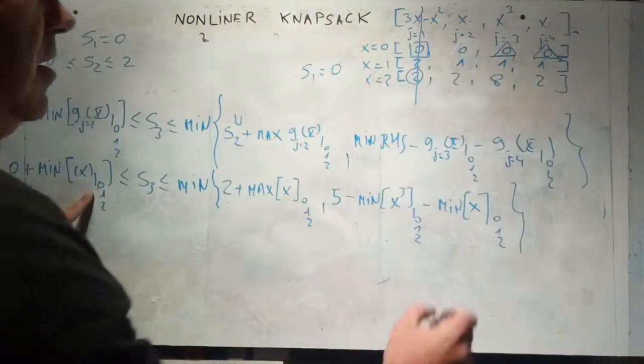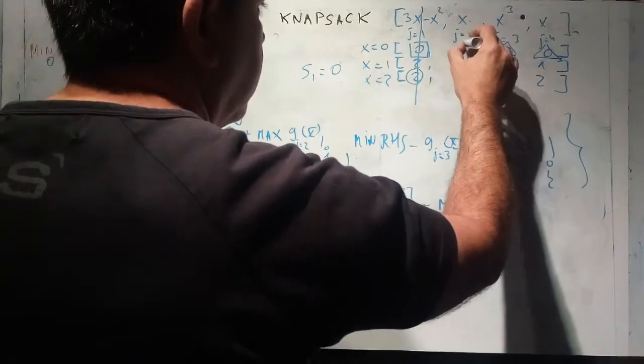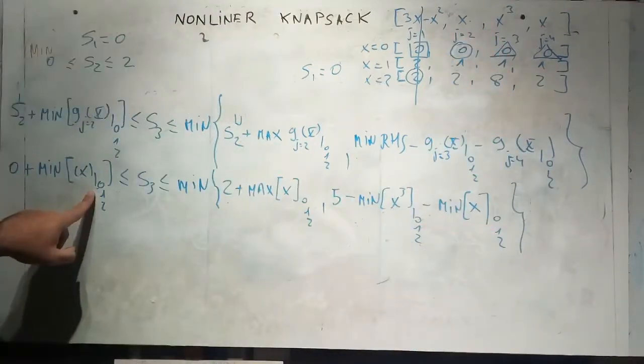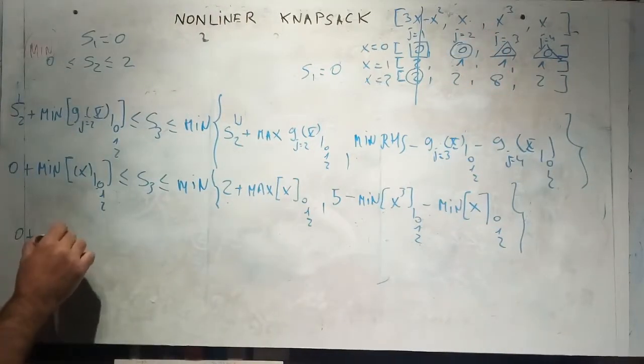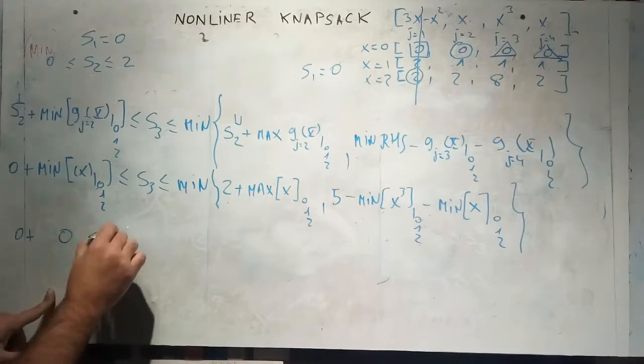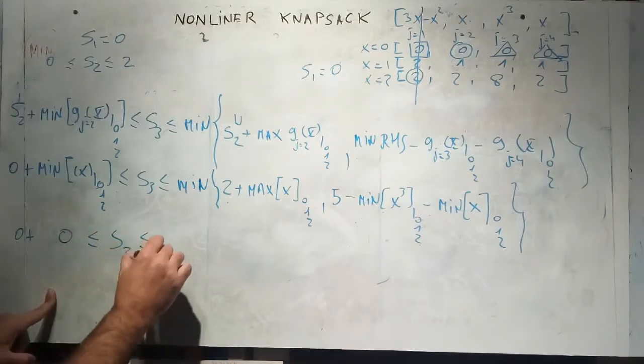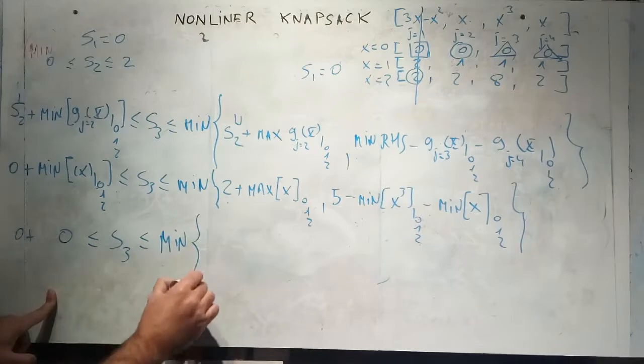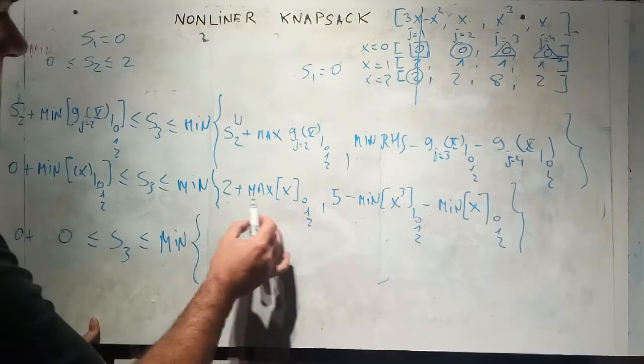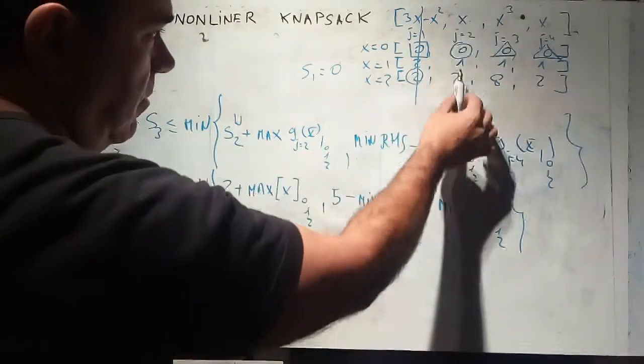Let's call it, for example, with a circle. So this value is 0, less or equal than S3, less or equal than the minimum of two quantities. 2 plus its maximum is 2.